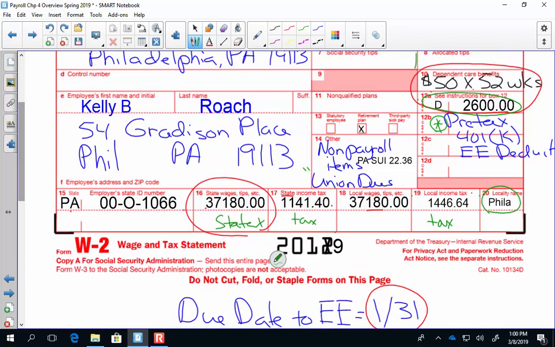Finally, in box 14, there are non-payroll related items. Maybe union dues would be one. The author wants us to record the state unemployment insurance of $22.36 in the state of Pennsylvania.